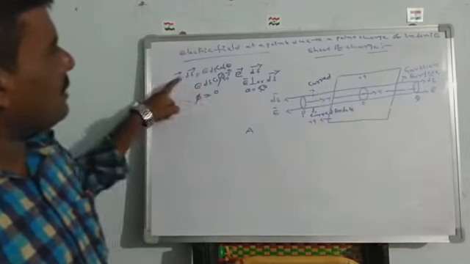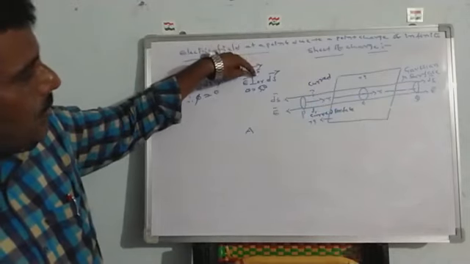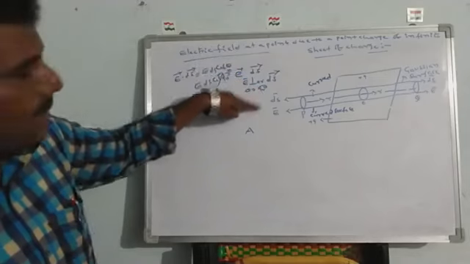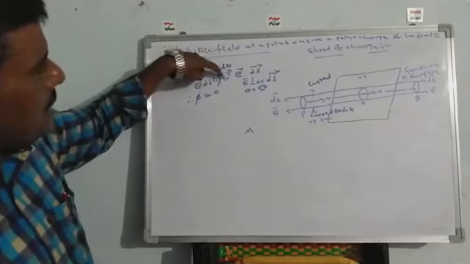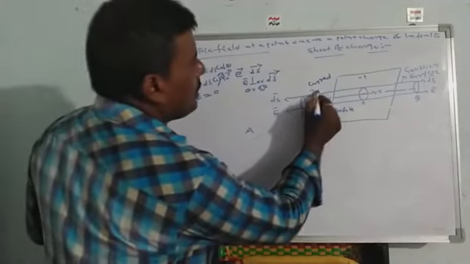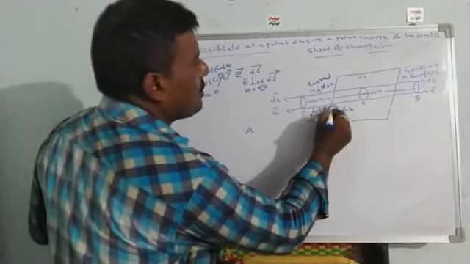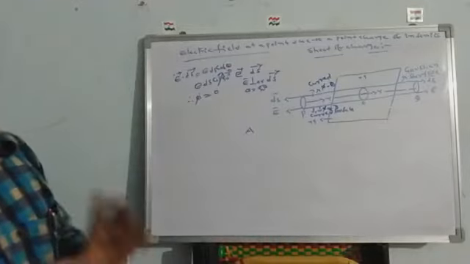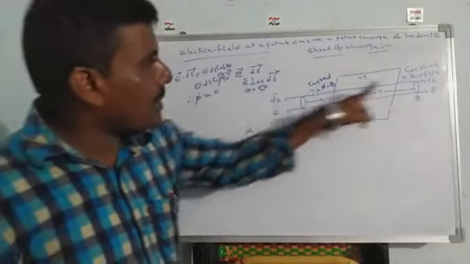The reason is that the electric field and elemental area are perpendicular to each other, that means theta equals 90. By the formula E bar dot ds bar equals E ds cos theta, with theta equals 90, phi equals 0. So we calculate only at the end surfaces.